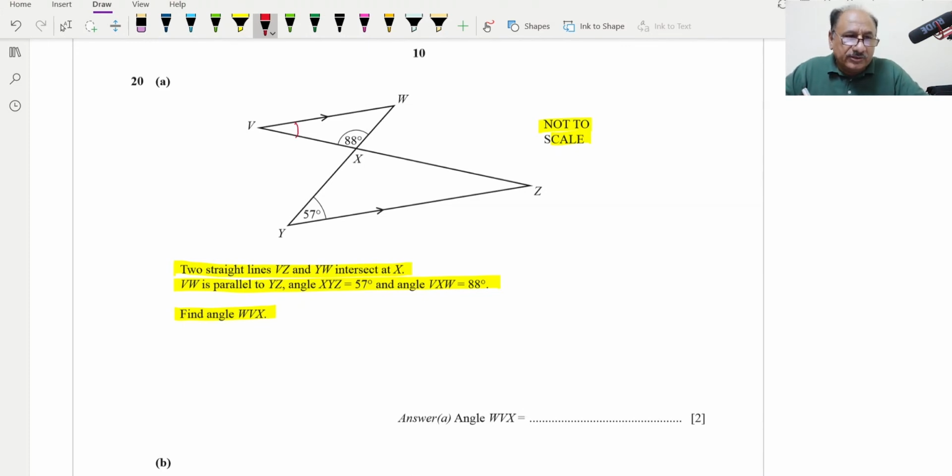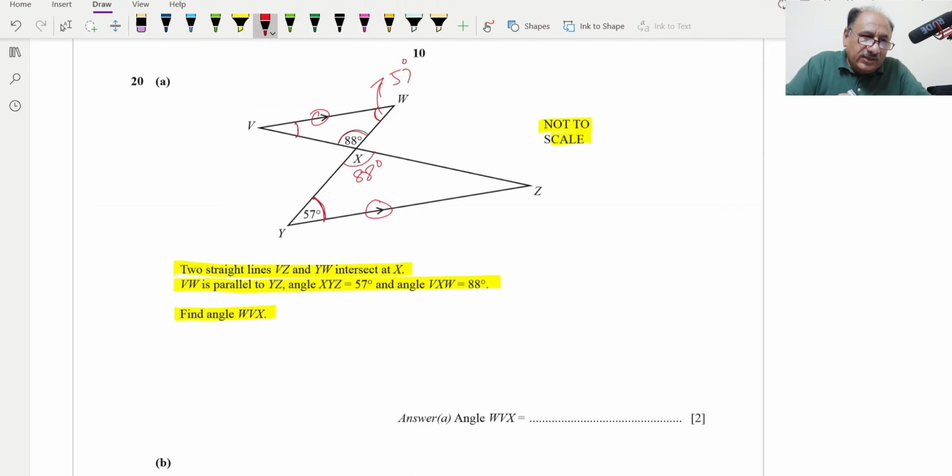To calculate this angle, for example this angle is 88, so the opposite angle, this one, will also be 88 degrees. And one more thing we can find: if this angle is 57, and this is parallel to this one, then this angle will be equal to this angle, so this angle will be 57 degrees.